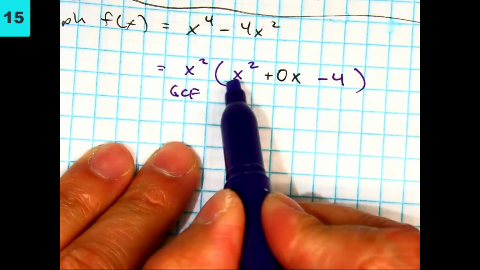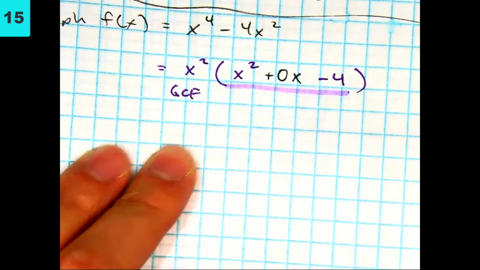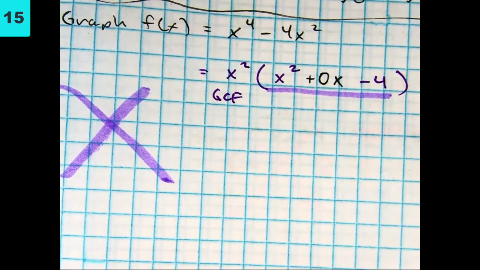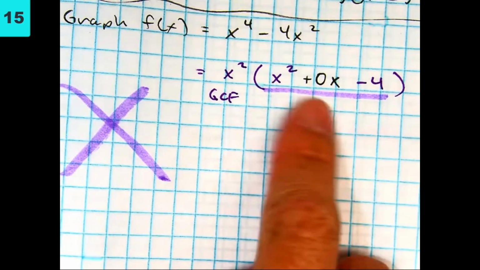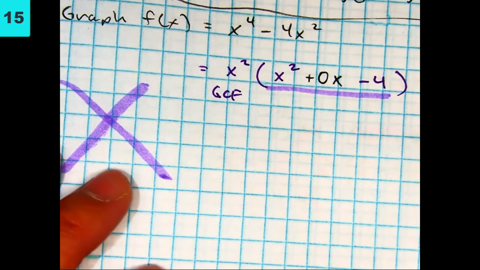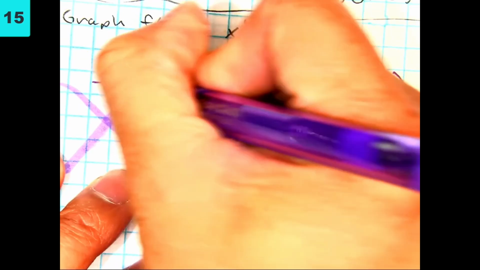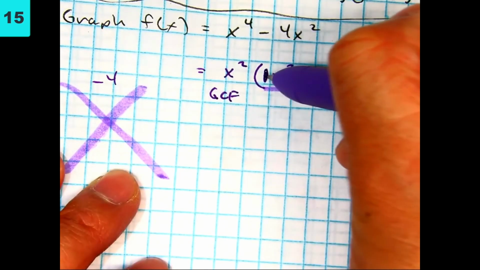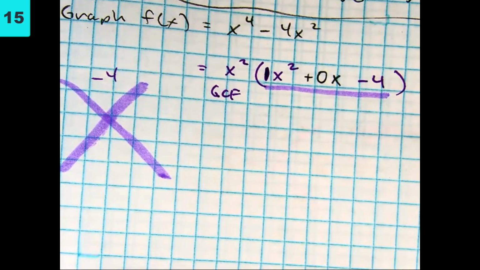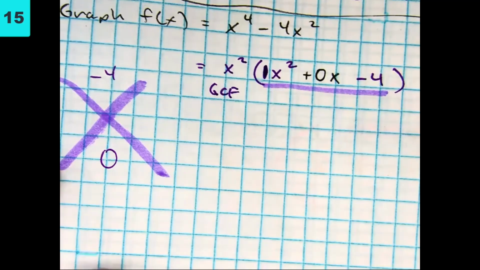So now we need to see if we can factor here. Karina, let's factor this. What's A times C? -4 is correct, so I'm taking the A value as 1 and my C value is -4. Your B value, Karina?